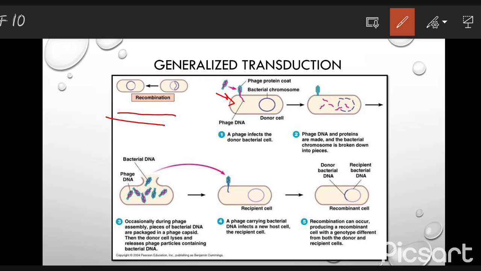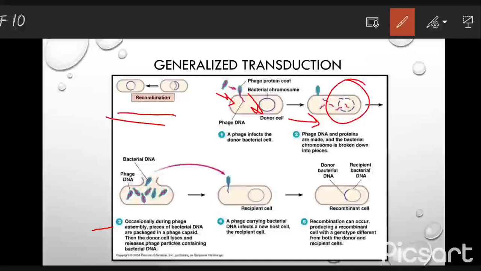It means that in the first step phage DNA enters inside the bacterial cell, then using the host cell machinery, the bacteriophage degrades the bacterial chromosome. Bacterial DNA, sometimes a plasmid or the bacterial chromosome, gets degraded by the bacteriophage DNA via host cell machinery. In the third step, occasionally during phage assembly, using host cell machinery, the phage produces its capsid coat proteins and DNA, because the bacteriophage is an intracellular parasite.